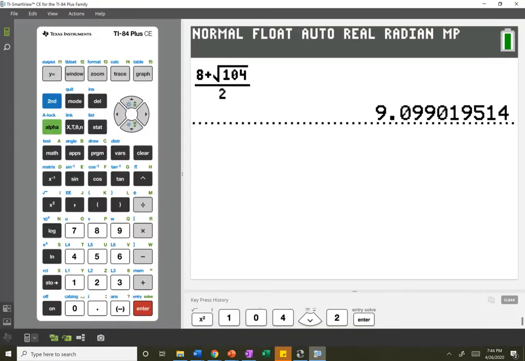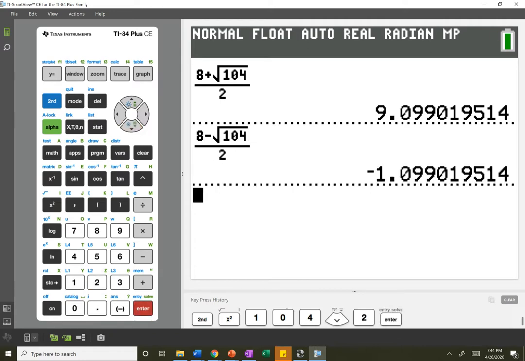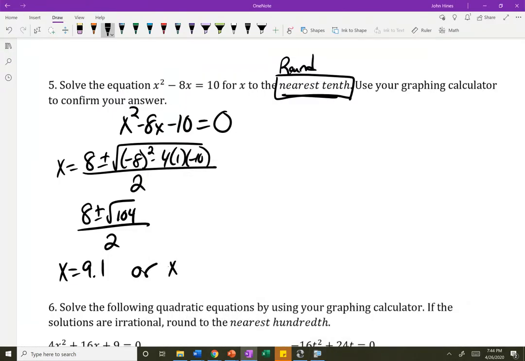Or x equals 8 minus the square root of 104 all over 2. I'm changing the plus to a minus. Negative 1.1. So those are my two solutions, rounded.